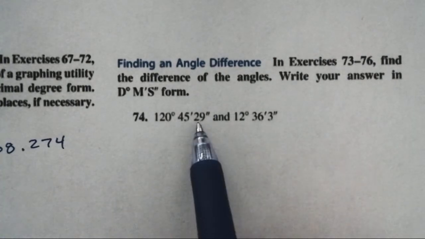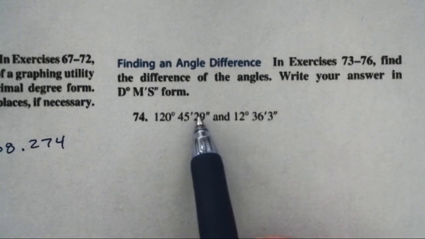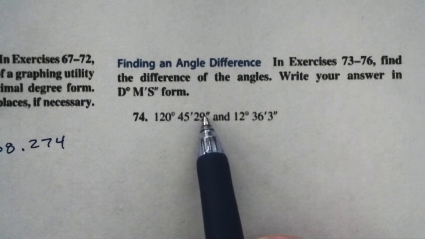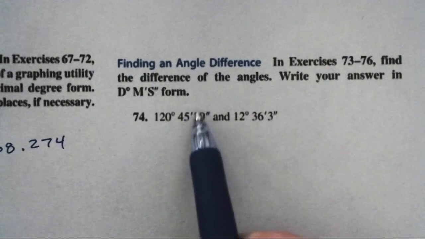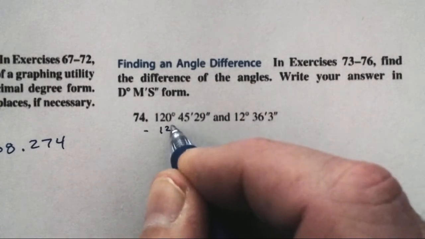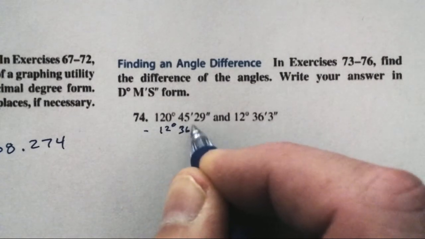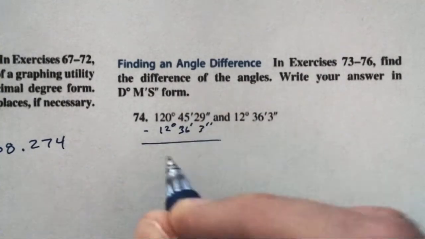Let's say that this was 35 seconds here. Now I've got to borrow to cover that 29, and I would borrow 1 minute here, and that's actually adding 60 seconds on. We used to have to do that, but since I don't have to borrow, it's really this easy. Minus 12 degrees, 36 minutes, I have enough minutes, and minus 3 seconds, I have enough seconds.